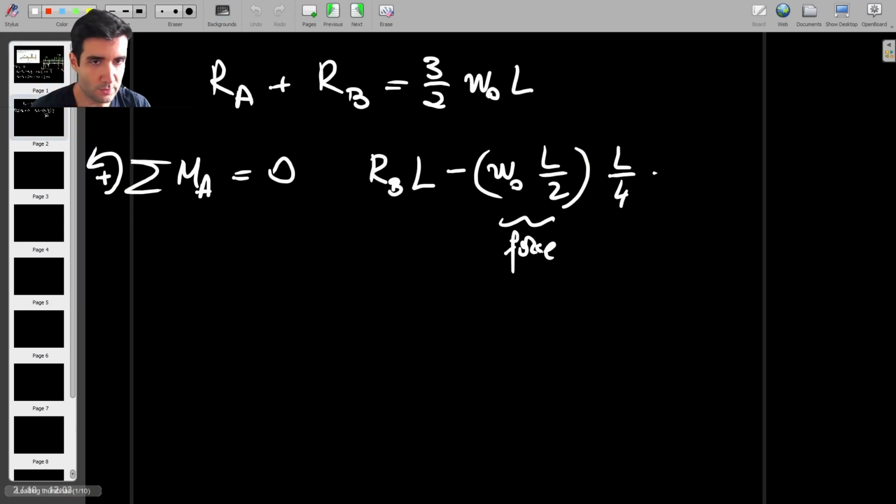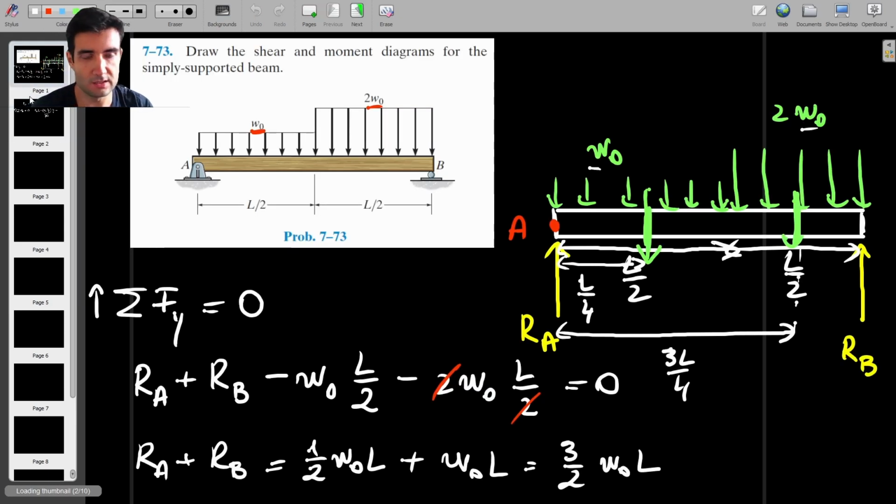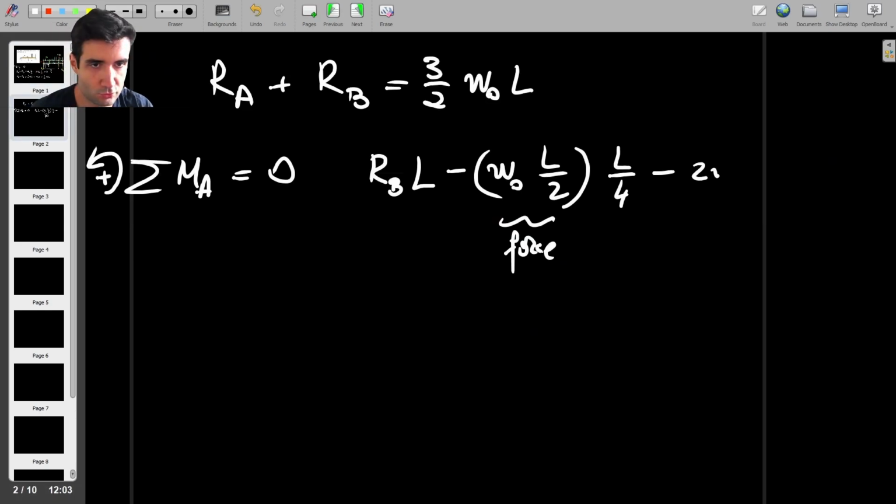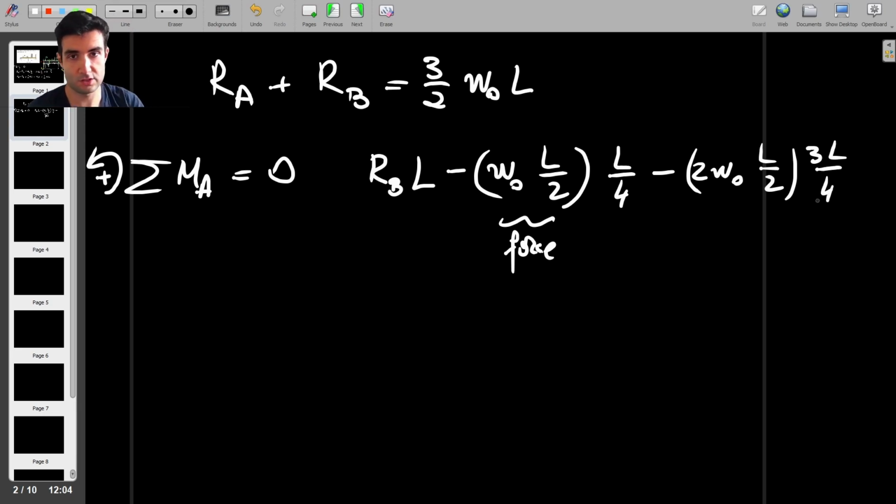Okay, so we have minus, because again, 2W naught produces a clockwise moment. So 2W naught times L over 2, that's the force. And we multiply that by the moment arm, which is 3L over 4, and that will equal 0.